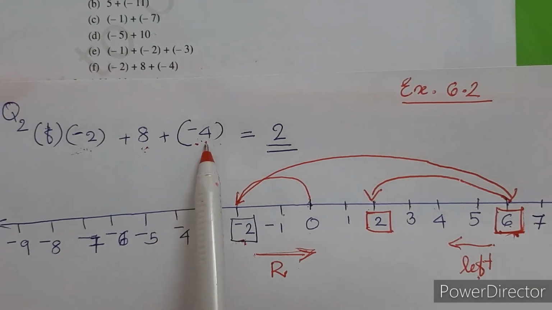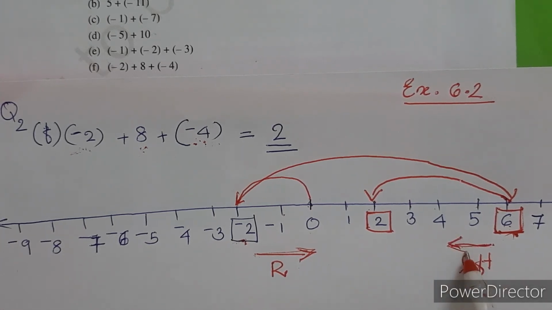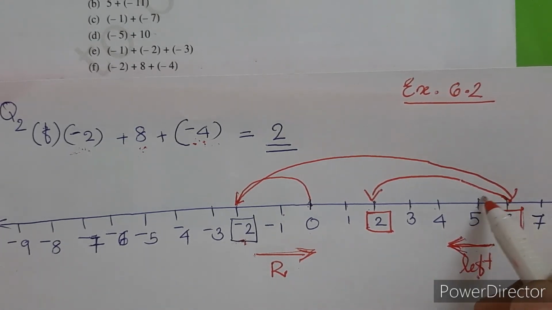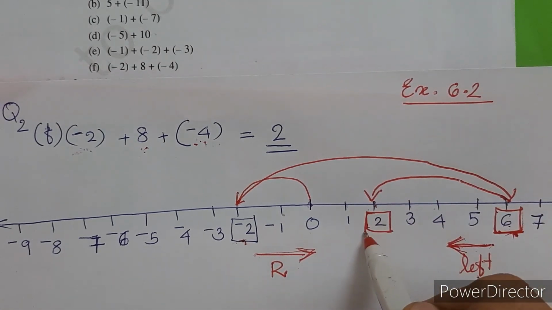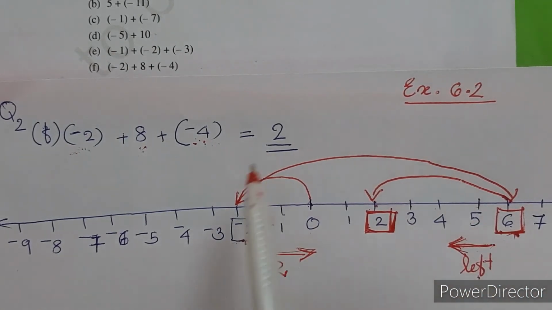Minus 4 is a negative integer, so we move in the left direction from the starting point. This is the starting point, and this is the left direction. So we start from 6 and move 4 points: 1, 2, 3, 4. So we reach 2.